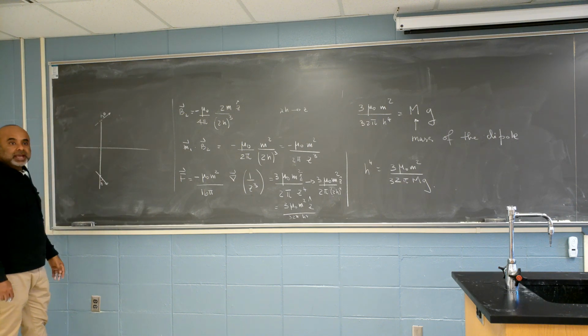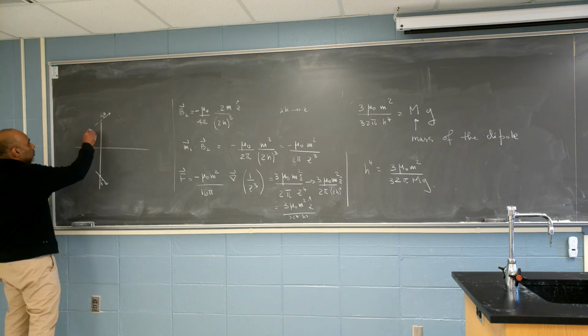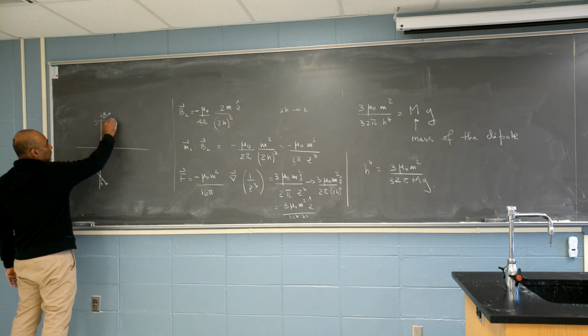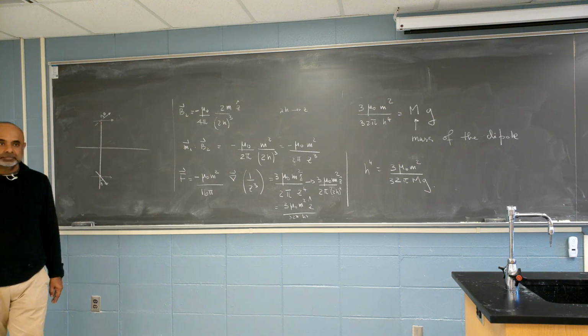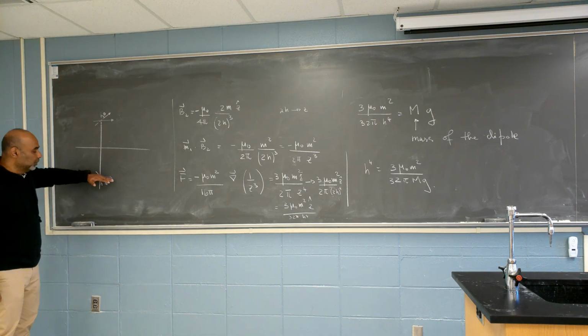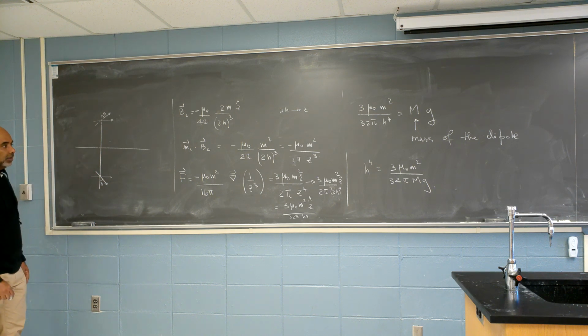But the only stable one is going to be the horizontal. That means if you perturb it slightly, it's going to come this way, and settle over here. That's what it means.